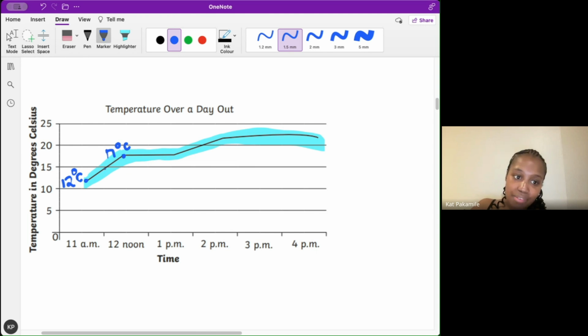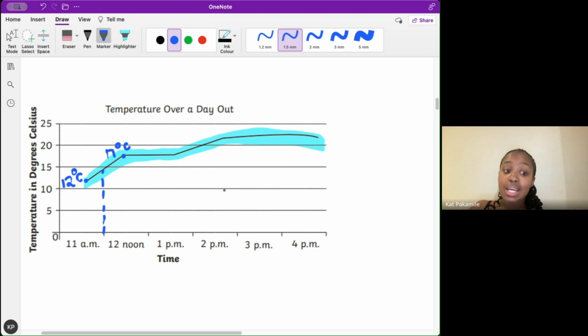So let's go to 11:30 over there. This temperature didn't just jump from 12 to 17. At some point, it was 12,5 degrees Celsius. At some point, it was 13. Then it was 13,2. Then it was gradually increasing. Okay, so everywhere on this graph, there is a data point.